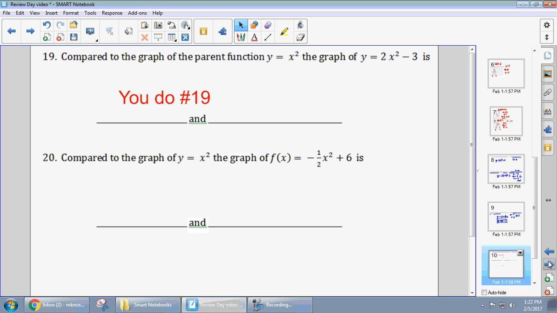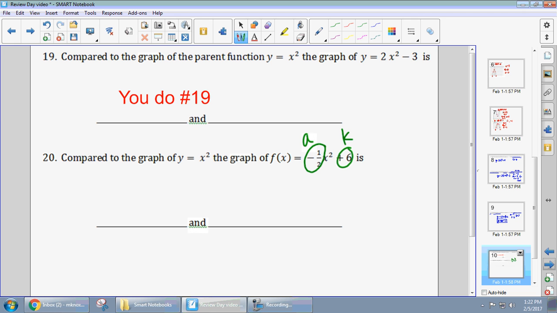Compared to the graph of y equals x squared, the graph of f of x equals negative 1/2 x squared plus 6 is, it wants us to identify how this graph would change. So what changed? My a and my k.